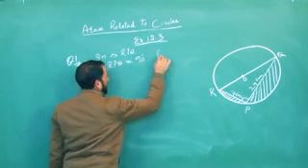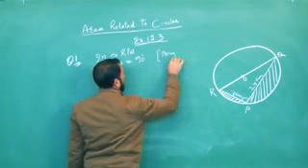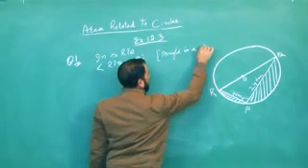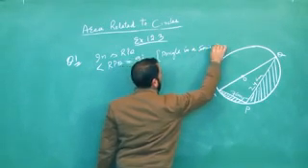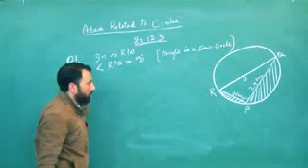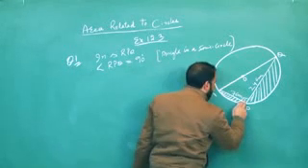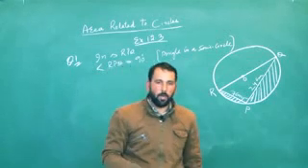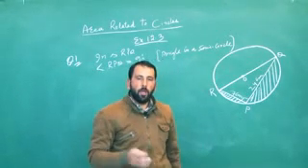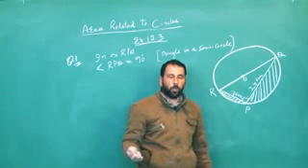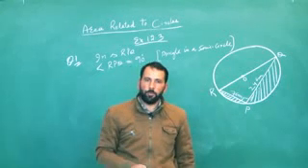Reason: angle in a semicircle. So RPQ is a right angle triangle. When two sides of a right angle triangle are given, we use Pythagoras theorem to find the other side of the triangle.